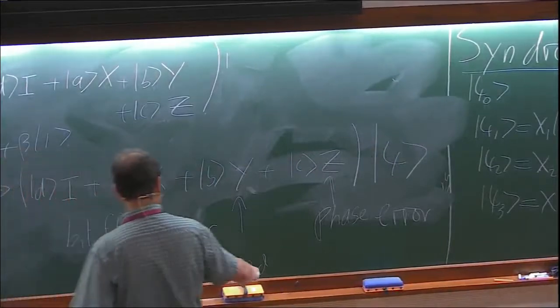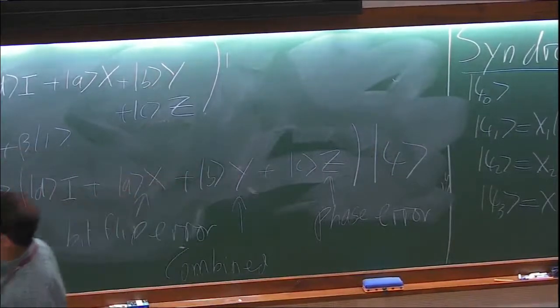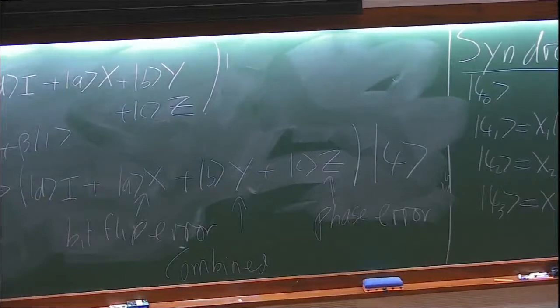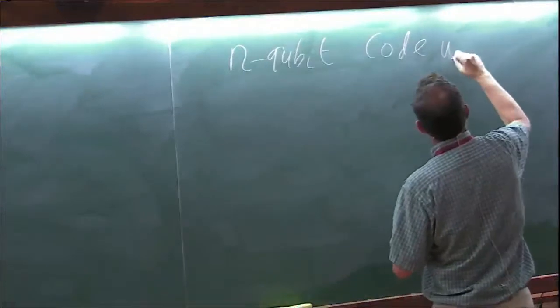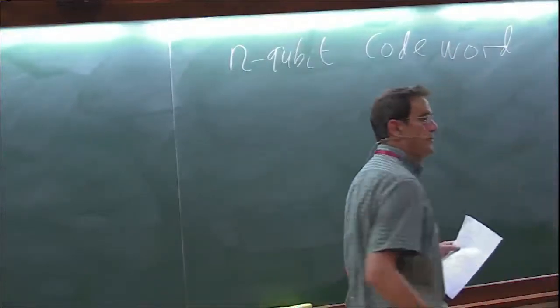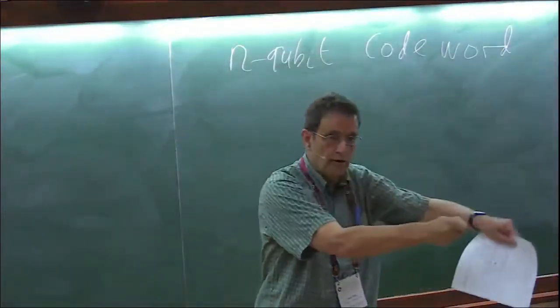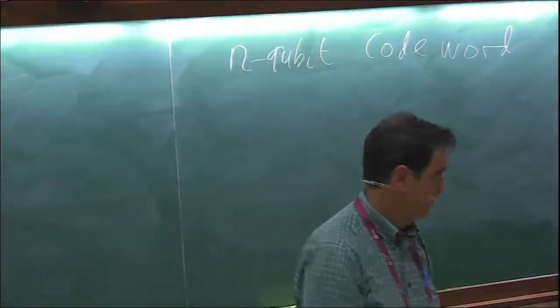So what we're going to do then is write our one logical qubit in terms of several physical qubits in order to detect if any of those physical qubits got corrupted. So we're going to use an n-qubit, and we use the word code word for the set of qubits which represent one logical qubit.